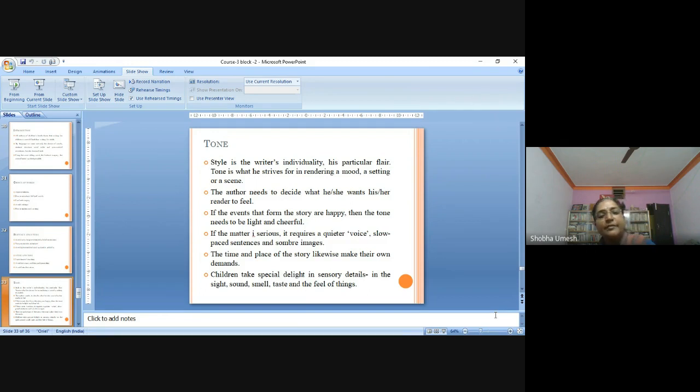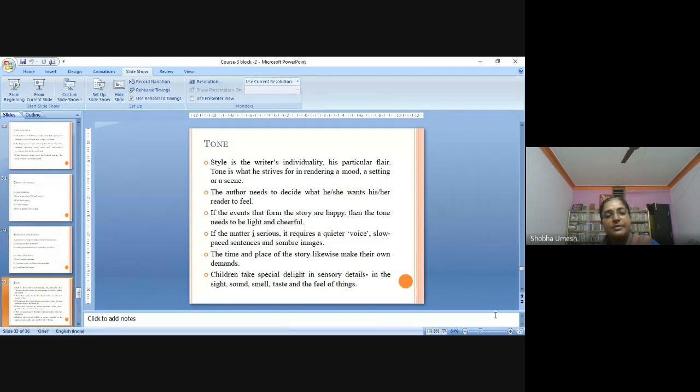And if the events that form the story are happy, then the tone needs to be light and cheerful. So the events that form the story are either happy or cheerful. So it should be based on the story itself. So how you are going to conclude, how you are going to end the story.